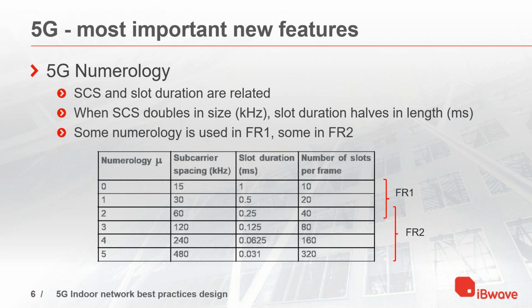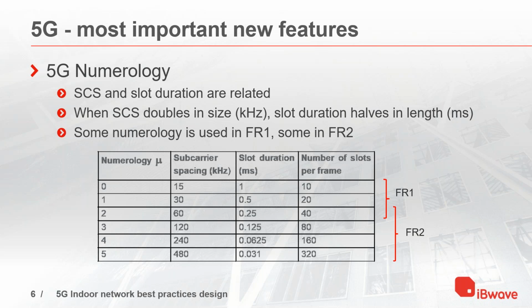So if you go to FR2, which is millimeter wave frequency, you can address UEs more frequently with those higher numerologies that are specific to FR2. Which is going to be very useful, because if you remember, I mentioned that FR2 or millimeter wave is very good for deployment at large venues with lots of users, which is high density.